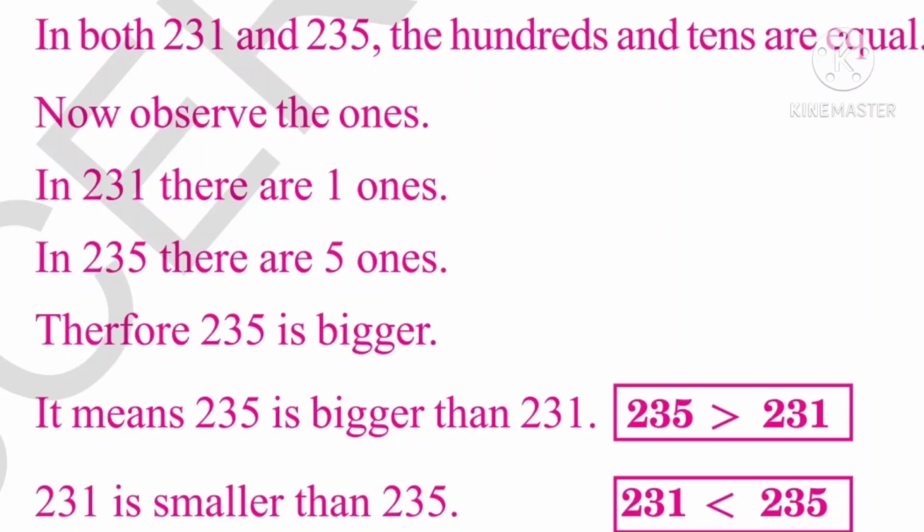Therefore, 235 is bigger. It means 235 is bigger than 231. 235 is greater than 231. 231 is smaller than 235.